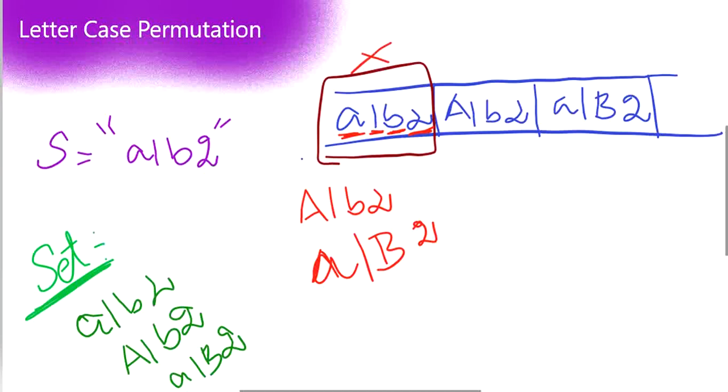permuting our first string. Now it's time for us to move on to our second string, big A1 and small b2. So we are going to take this A1b2 and permute possible strings. So here if you take the first character big A and change it, it is going to become a1b2. If you check, that is already there in the set, so we don't have to duplicate the work or permute this again.